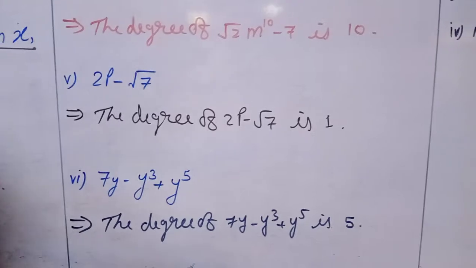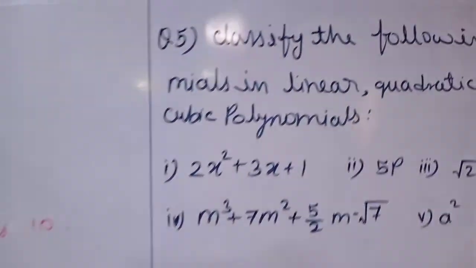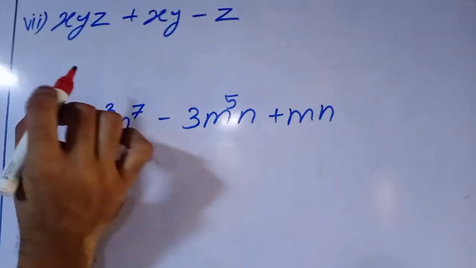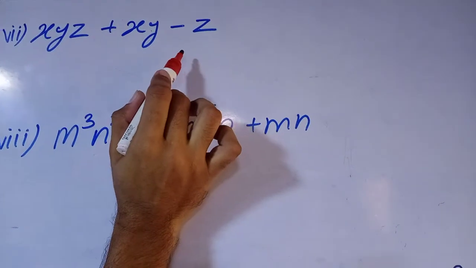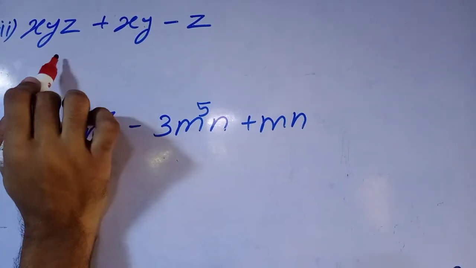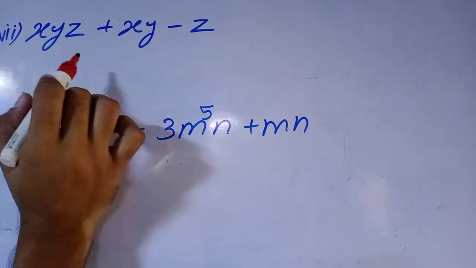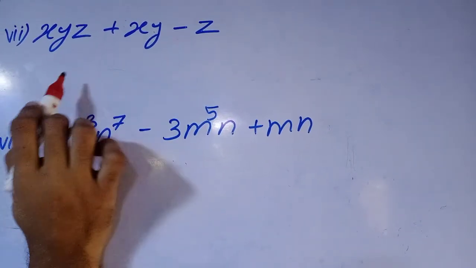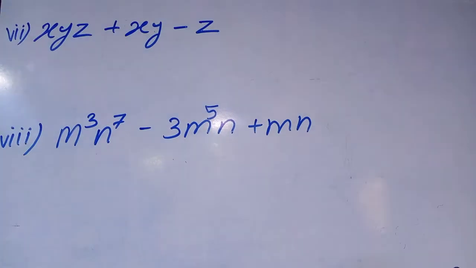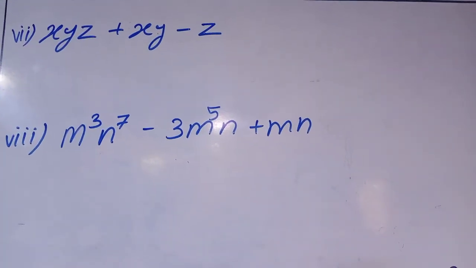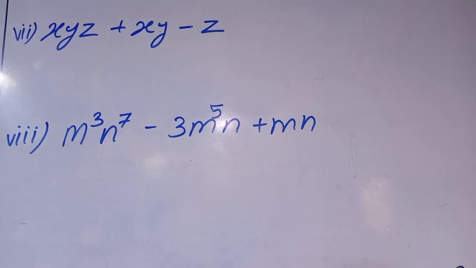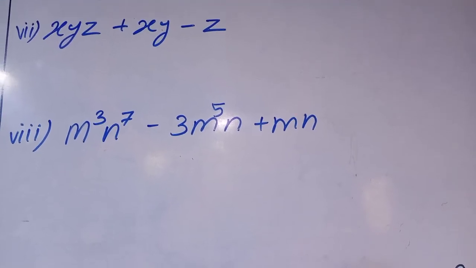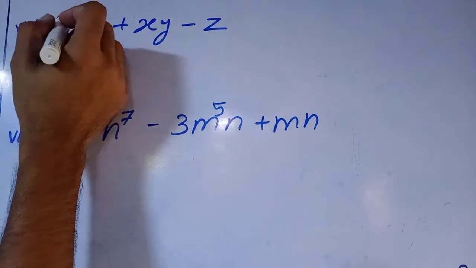We have two more sums in the same row. Question number 7. Here we have xyz plus xy minus z. You can see we have more than one variable. So how can we find the degree of this polynomial? We learned that whenever we have more than one variable, we have to add the powers of all the variables in each term and decide which one is the greatest. Here 1 plus 1 plus 1 is 3, here 1 plus 1 is 2, and here we have 1.